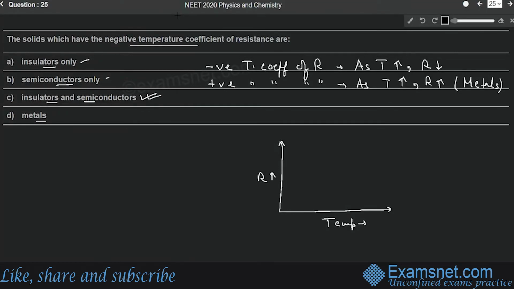For a conductor the graph will be like this because the resistance will go on increasing with increase in temperature. So this is for metals, whereas for insulators it will decrease. Similarly for semiconductors as well, it will decrease. Therefore we say that semiconductors and insulators have negative temperature coefficient of resistance. Got it?